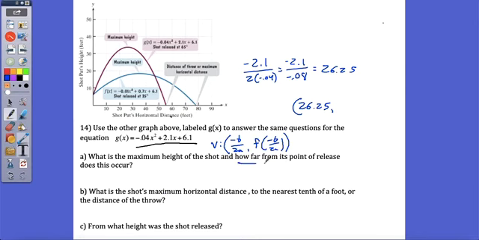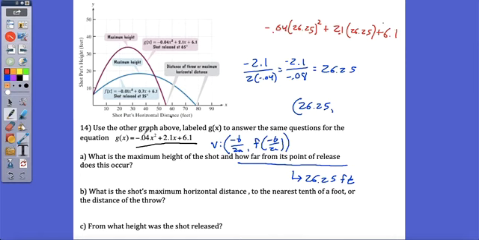How far from its point of release is it? That's 26.25 feet. And then to find the y coordinate, we just simply take this x value and plug it into our original. So we're going to do negative 0.04 times 26.25 squared plus 2.1 times 26.25 and then plus 6.1.